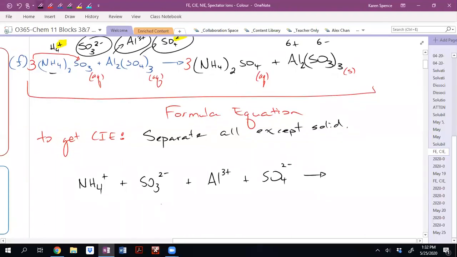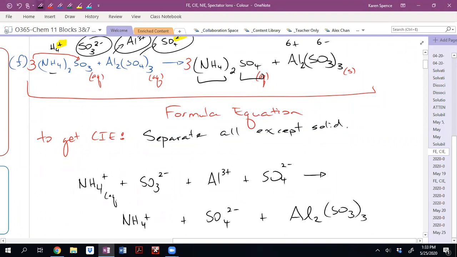I have NH4 plus, I have SO4 2 minus, and then I have my solid, so that's going to stay together. So I have Al2 SO3 3. So I'm going to write in all my aqueouses. Make sure I haven't forgotten any charges.